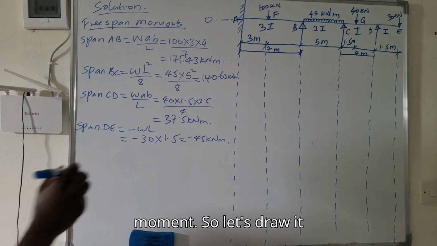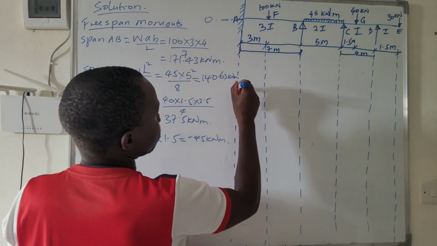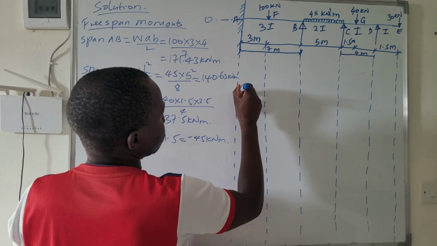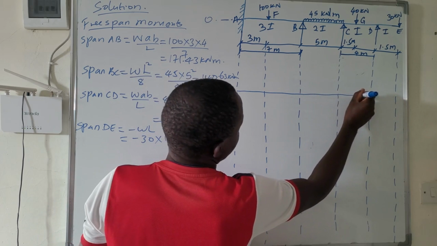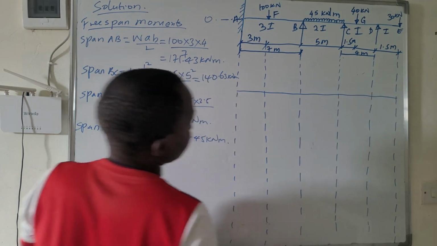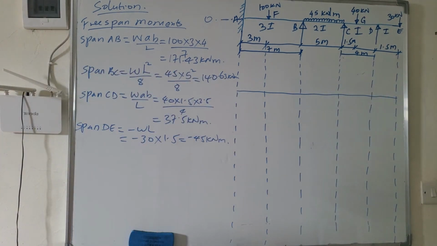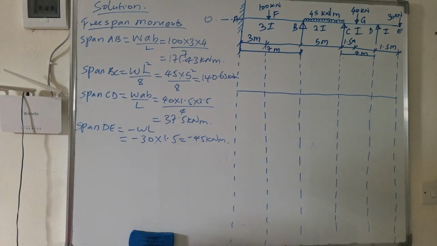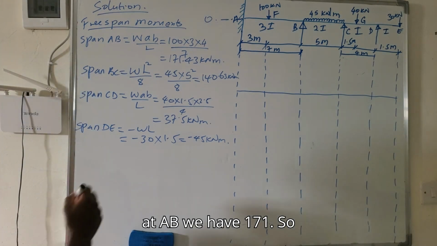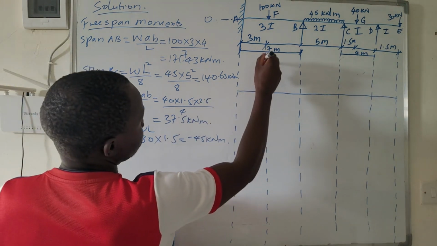So let's draw it here. That is our baseline. And then at AB, we have 171.43. This is the maximum.